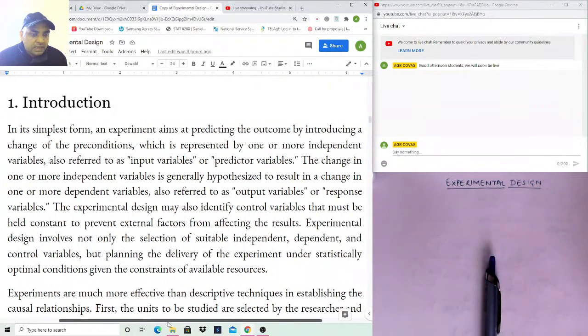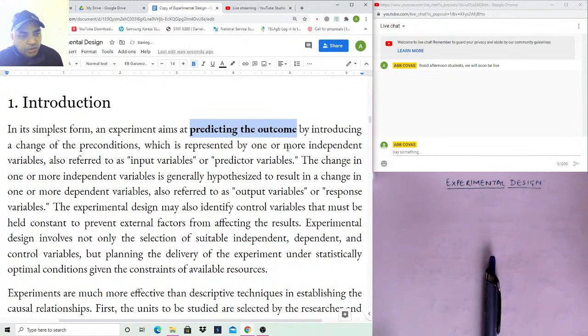Basically, in its simplest form, an experiment aims at predicting the outcome by introducing a change in the preconditions.